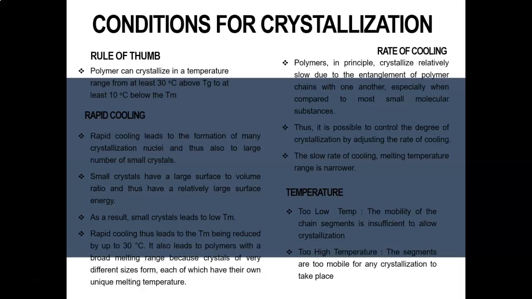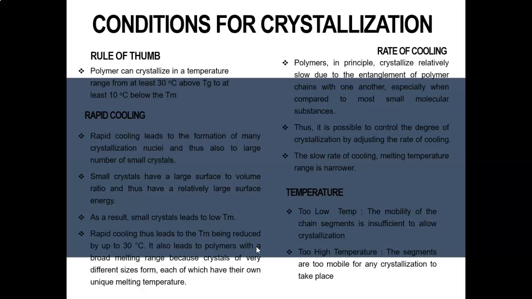It also leads to a polymer with a broad melting range because crystals of very different size form, each of which has its own unique melting temperature. So basically, the crystal form is not as small as it is said, because there are many sizes of crystal, and mostly rapid cooling will produce larger crystal sizes compared to slow cooling.